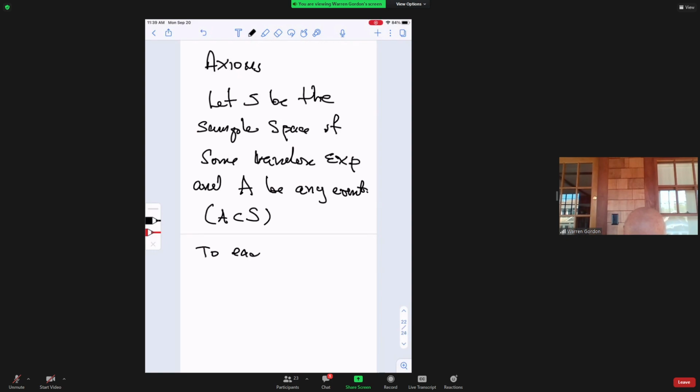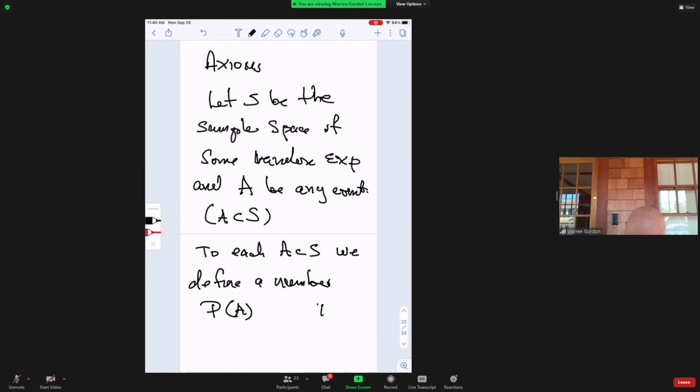To each A in S, we define a number, and the number we're going to define is P of A. P of A is going to be the probability of A. It's a number.